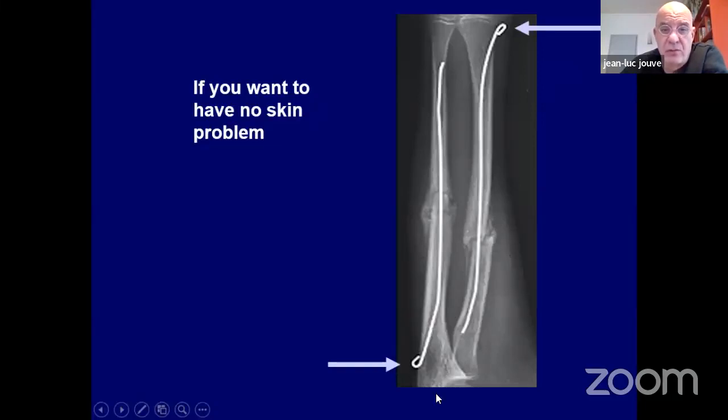To avoid a skin problem, you have to bend the two nails very carefully, because if you don't have a special titanium nail, you can do this surgery with a simple nail of diameter 1.6 or 2 millimeters.